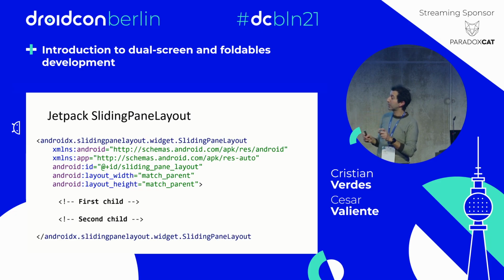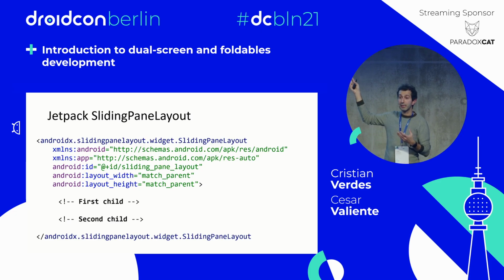Of course, sliding pane layout also allows you to customize it. You can define a minimum width, for instance, for the first child. This helps when you are using this component on a tablet, so that it also shows well with the two different panes, because it's using the minimum width of the first child.